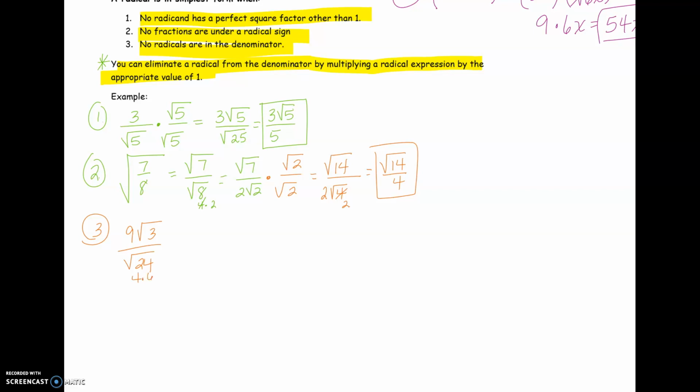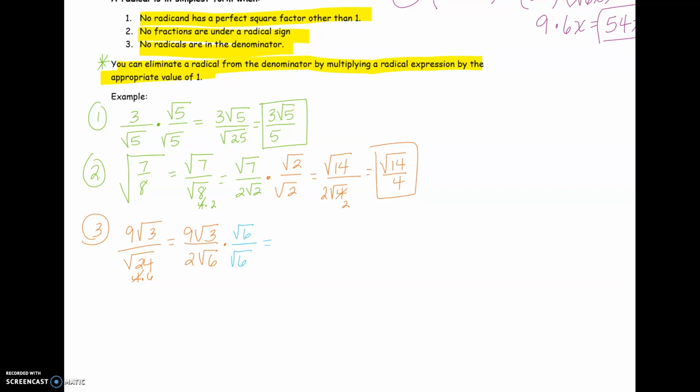All right, so we're going to go ahead and pull that out front, or just take that square root, so it becomes 2 square root of 6. Now, we can't have a radical in the denominator. What are we going to multiply by? The square root of 6 over the square root of 6.